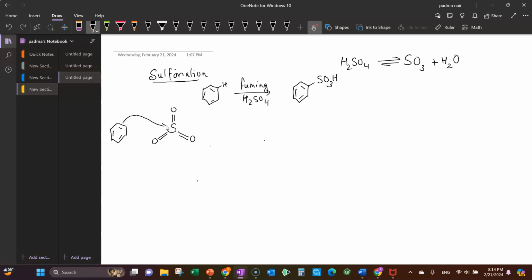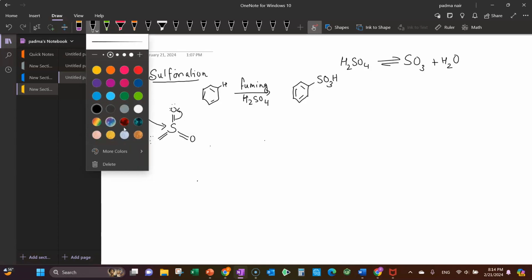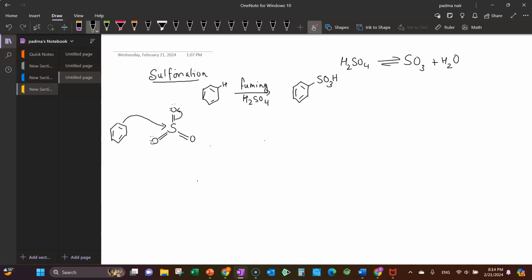So one of benzene's pi bonds opens up and reacts at this point with sulfur, pushing the electrons to the oxygen. We draw this oxygen here, keeping the lone pairs.